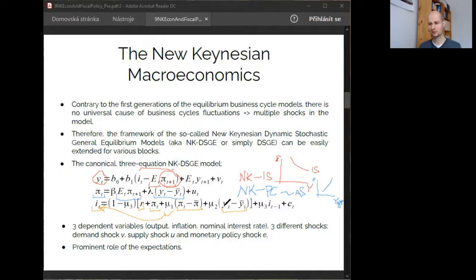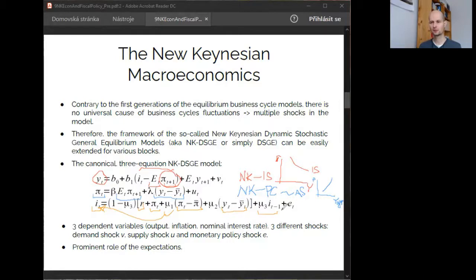And similarly, if there is some output gap, either positive or negative, the monetary policymakers shall adjust the policy rate. There is also another term here, the lag of the nominal interest rate.